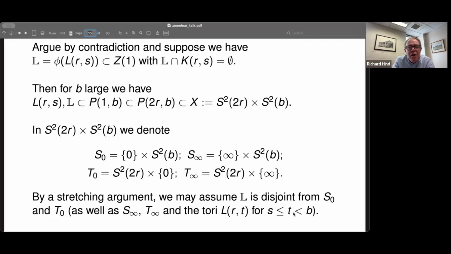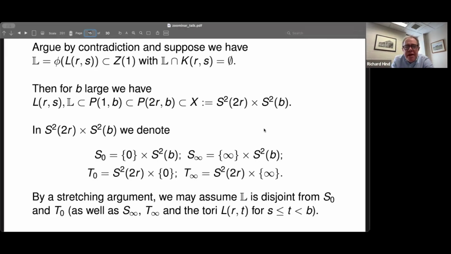In other words, we're putting the polydisk inside a potentially larger polydisk, just because it makes area calculations a bit easier. You don't have to worry so much about homology classes to compute areas. So we put the Lagrangians inside some polydisk, and then the usual thing, you can compactify the polydisk to get a copy of S2 times S2 with those areas 2R and B.